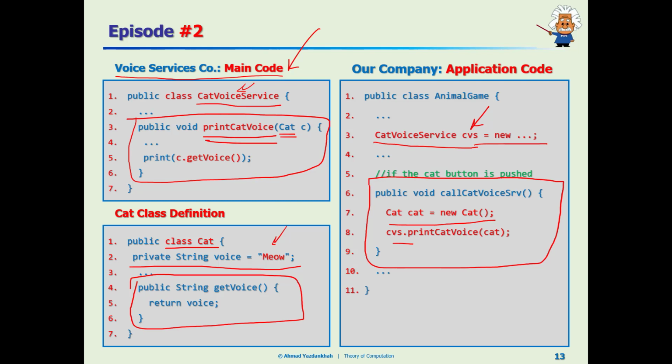All right, and by passing the cat here, it goes here, and then here it will call the getVoice, which is this guy. Okay, so let me show you online, I mean, in a live demo, and see what would happen.